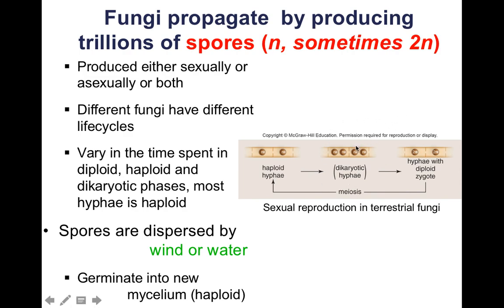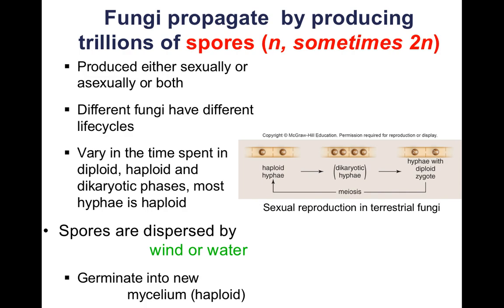What we see with fungi, at least with terrestrial fungi, is that these haploid hyphae can fuse together, okay? And the nuclei don't fuse, you just have the fusion of the cytoplasm. And these are called dikaryotic hyphae. So they have separate nuclei that are each haploid.